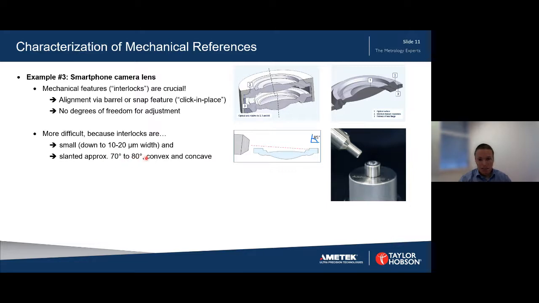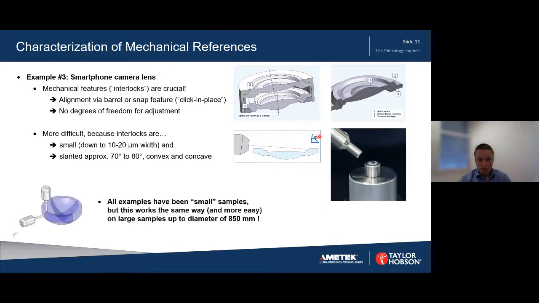And additionally, the slopes of the interlocks, typically they are flat interlocks for aligning the tilt, but there are also slanted interlocks up to 70 or 80 degrees to align the off-center position. And they can be convex or concave. So it's quite important that you are also able to measure the concave interlocks up to 80, 85 degrees, or maybe even a bit more.